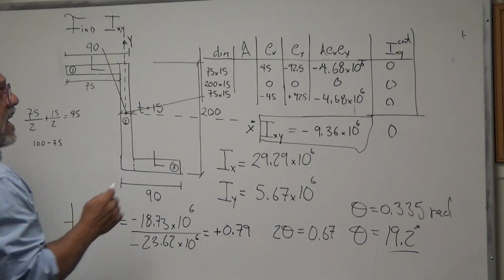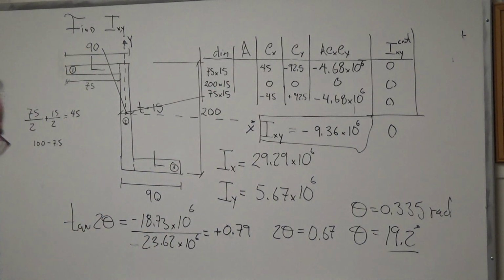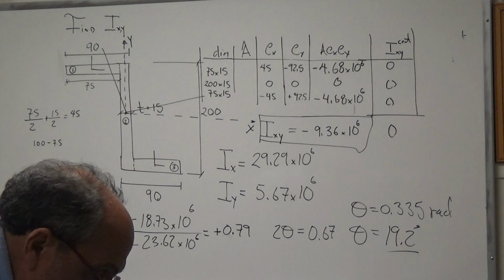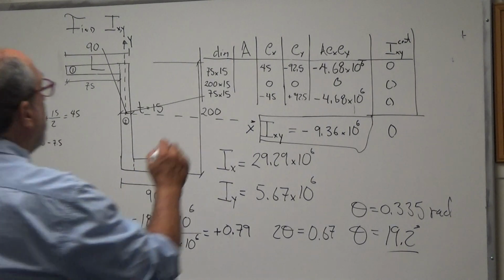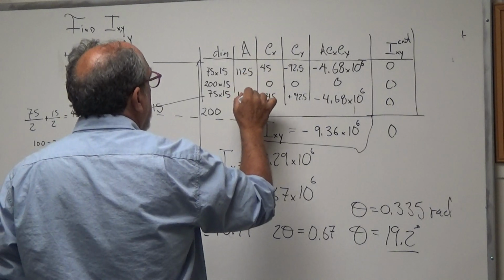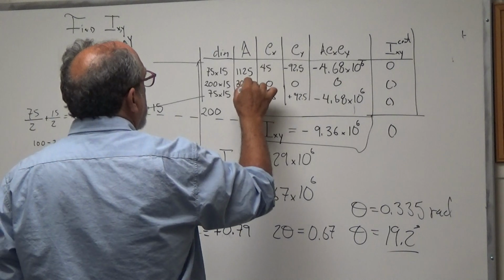Now, the areas of these things go here. So 75 by 15 is 1125. So I get the areas of my pieces. And 200 by 15, that's 3,000, right?